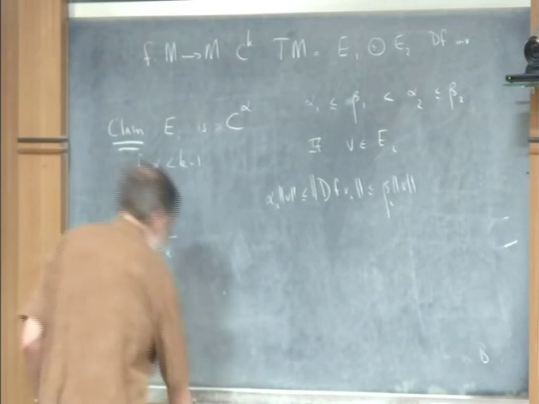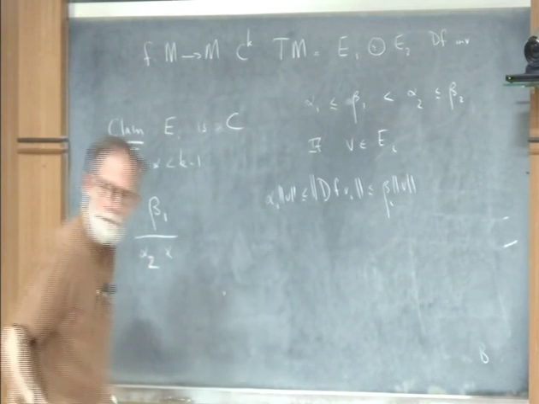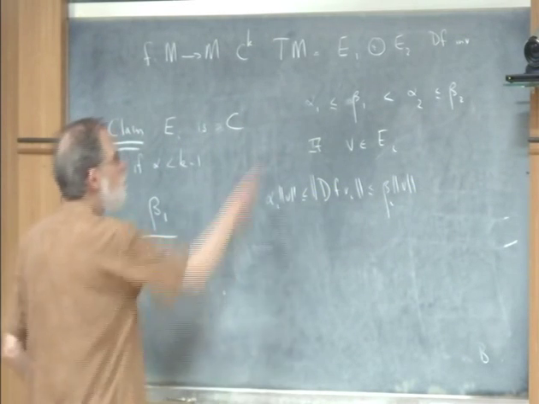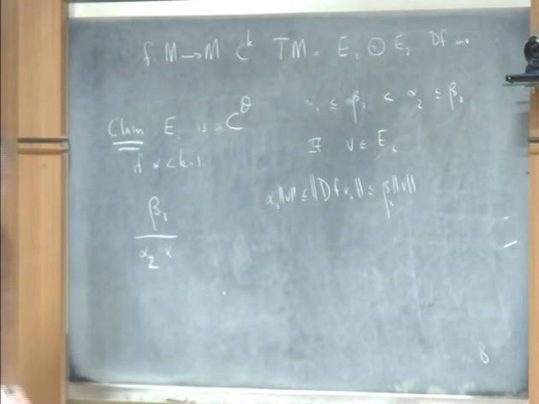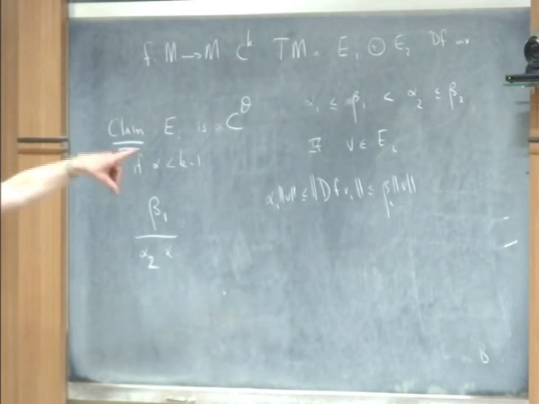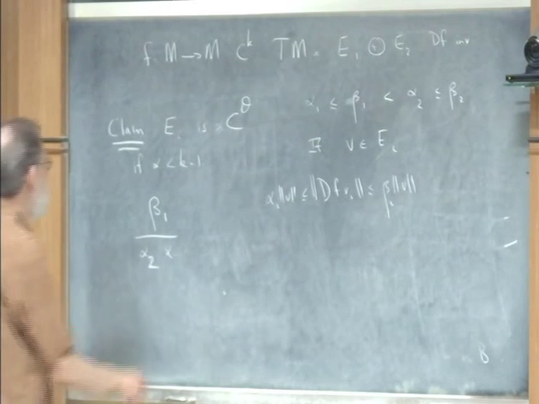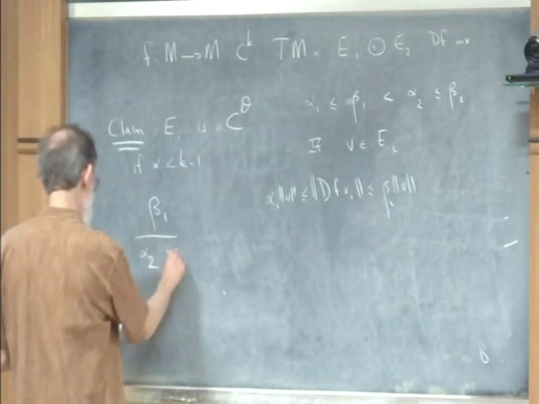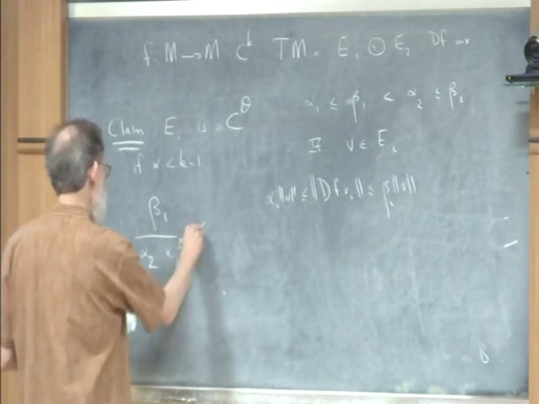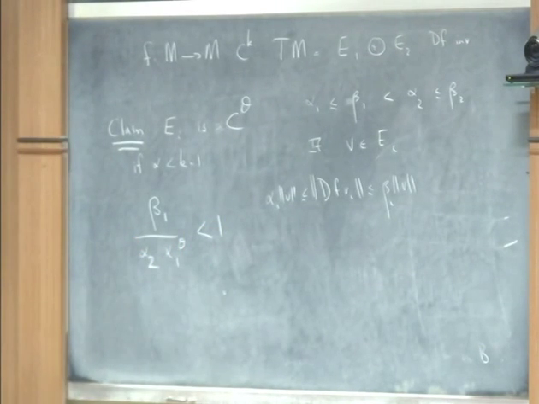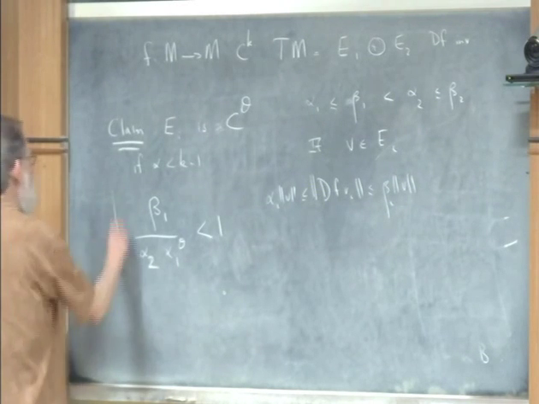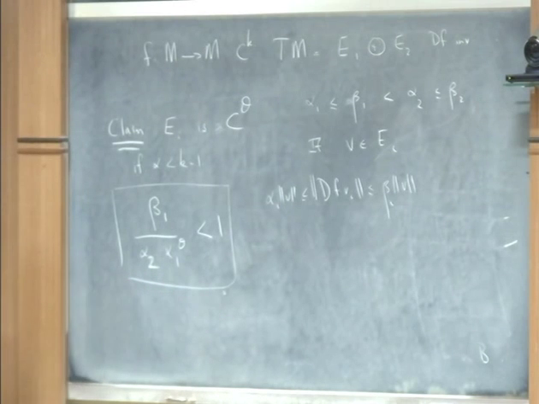no, I'm not going to use alpha because I've already used it, I'm going to use theta. So theta was alpha over something in the other theorem. So we have alpha 1 to the theta, that's the condition, that's the inequality.